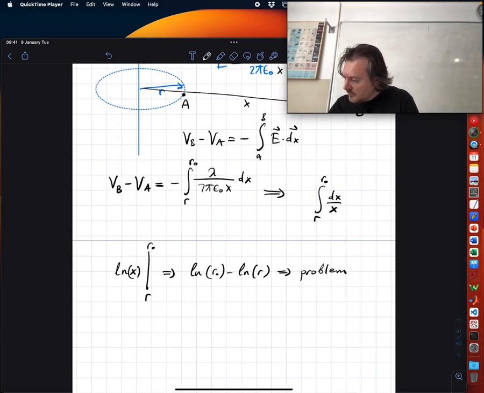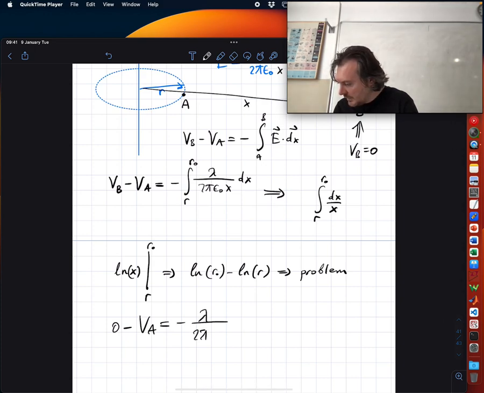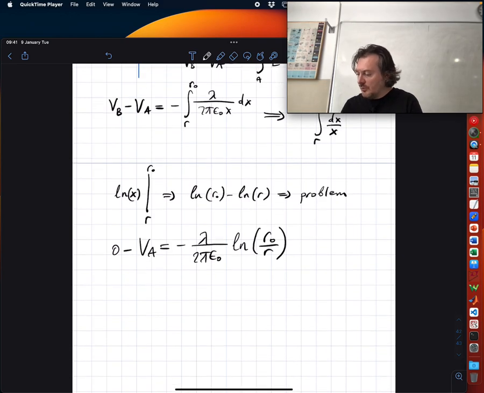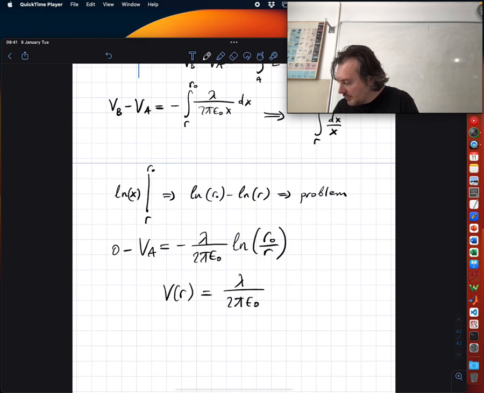Your result becomes what? I define VB to be 0 over here. Yes, negative lambda over 2 pi epsilon 0 times ln r0 over r. Very good. So V at a distance r is lambda over 2 pi epsilon 0 ln r0 over r.